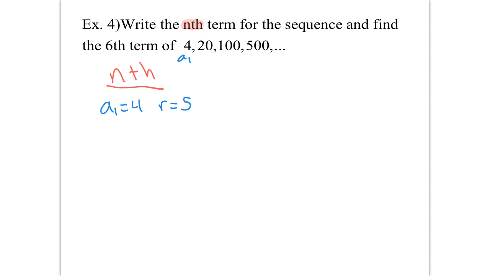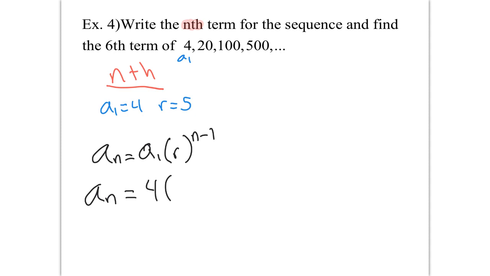So all we need is the formula, a sub n equals a sub 1 times the common ratio, and we have the exponent of n minus 1. You are going to substitute the first term and the common ratio, and you don't worry about the n. Every time you look for the nth term, you're not going to substitute a number into the n. So we have a sub n equals 4, that's my first term.